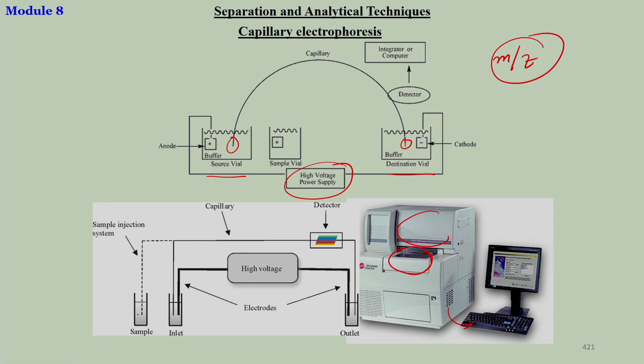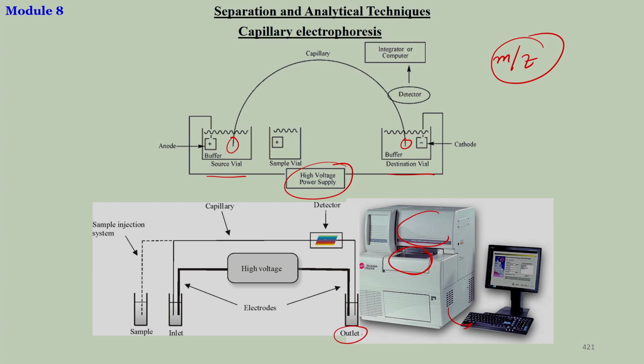Here the sample injection happens in the capillary, and your electrodes are dipped here, voltage is applied across the capillary. This is one electrode, this is another electrode. Your sample is going through the capillary, and depending upon the interactions it will move at different speeds, reach the detector here, and after that go to the outlet.